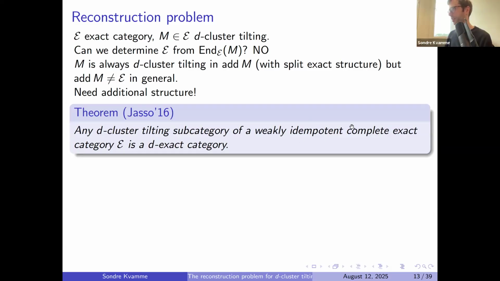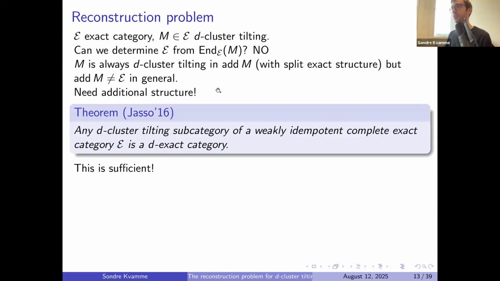I will get back very soon to what weakly idempotent complete means. I just want to mention that the theorem, as stated in his paper without weakly idempotent complete, is not completely true. It's possible to make it true, but you need to modify a bit how you define the exact category. So that's why I add this assumption here. But it is a very weak assumption, and most categories we're interested in will satisfy it.